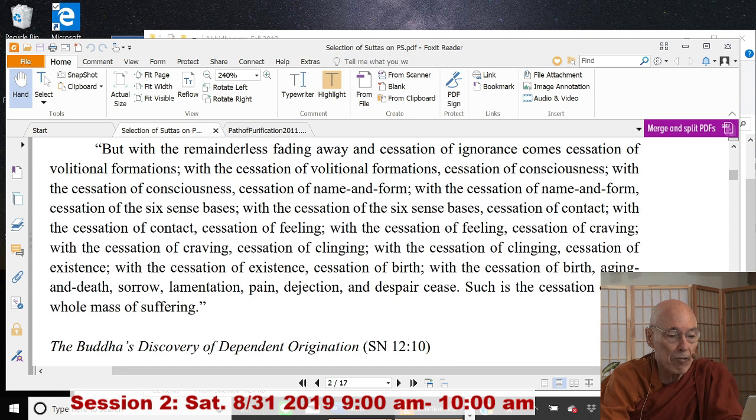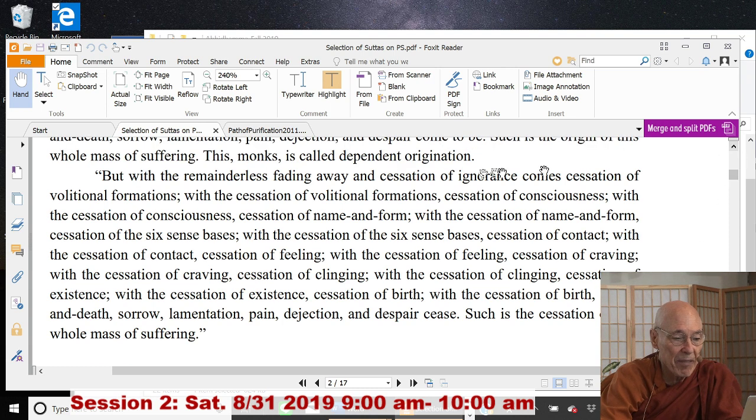And then just as origination takes place through conditions, it's with the cessation of the conditions that there comes the cessation of the result or the effect. So with the cessation of ignorance comes cessation of the volitional formations, all the way down.